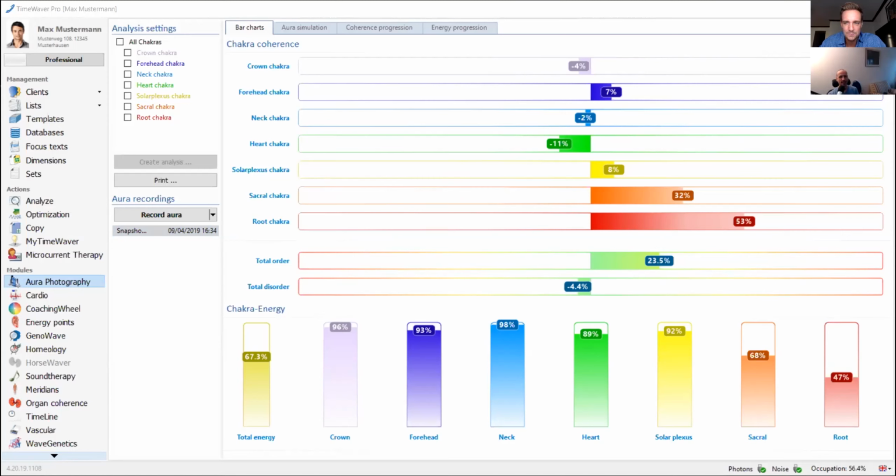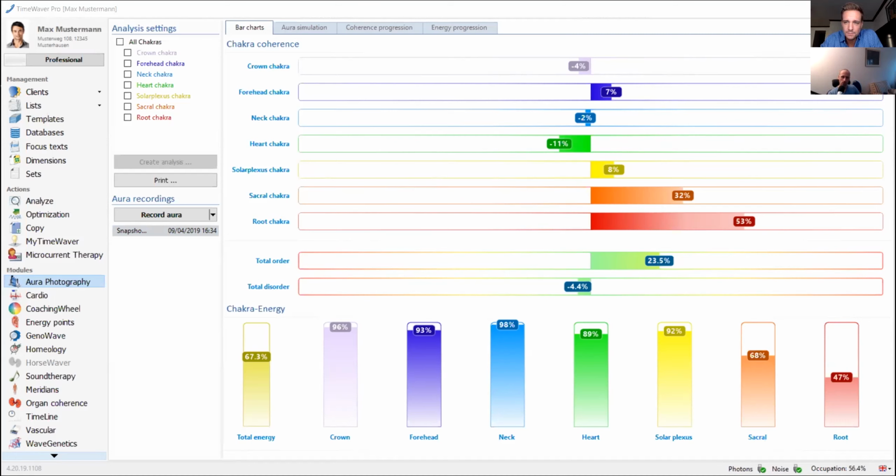Never mind. However, what you see right now here, Max, you're fully right, is the first product, you would say, where Healy evolved from. That is the Timewaver Professional unit, which in Europe is a medical device, and it is used by homeopaths, alternative practitioners, and naturopaths.